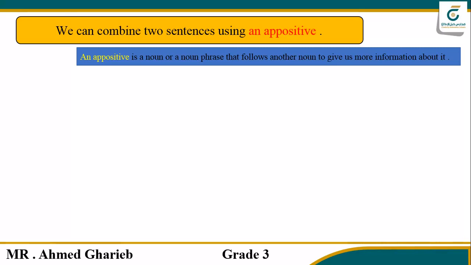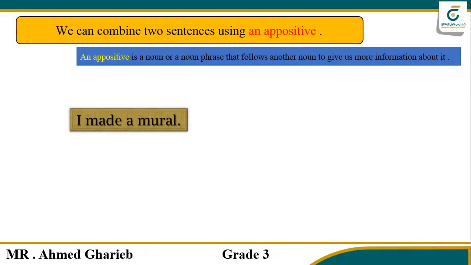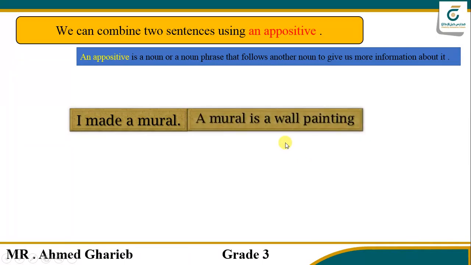Look at this example. I made a mural, and I don't know what a mural is, or who I am talking to doesn't know the meaning of a mural. So I add another sentence to show what a mural is. A mural is a wall painting.